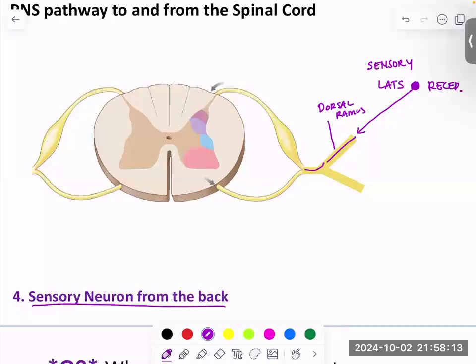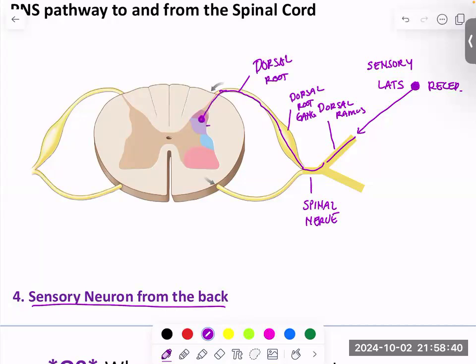What region is that? It's going to go into the spinal nerve. Then where does it go next? The dorsal root ganglion. Then it's going to go into, which one's that one there? Just the dorsal root. And it's going to end up in the dorsal horn.